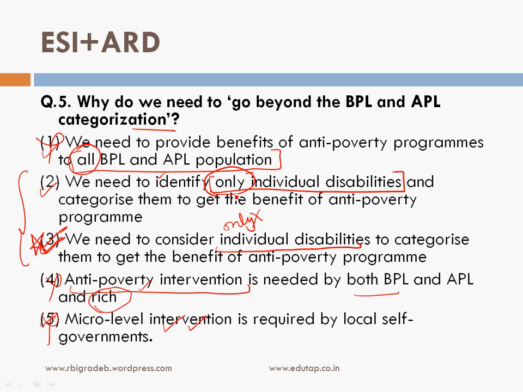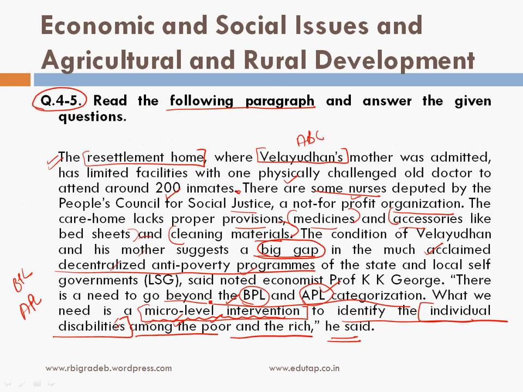Right. So just only identifying the individual disabilities is also not a good option. But you have to consider the individual disabilities as well while giving the benefits of anti-poverty programs, and then you have to move beyond the BPL and APL categorization. There is a need of a micro level intervention to identify the individual disabilities.